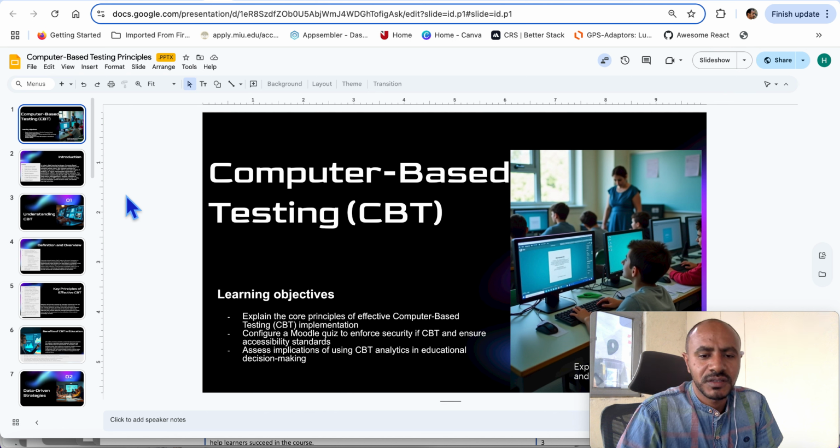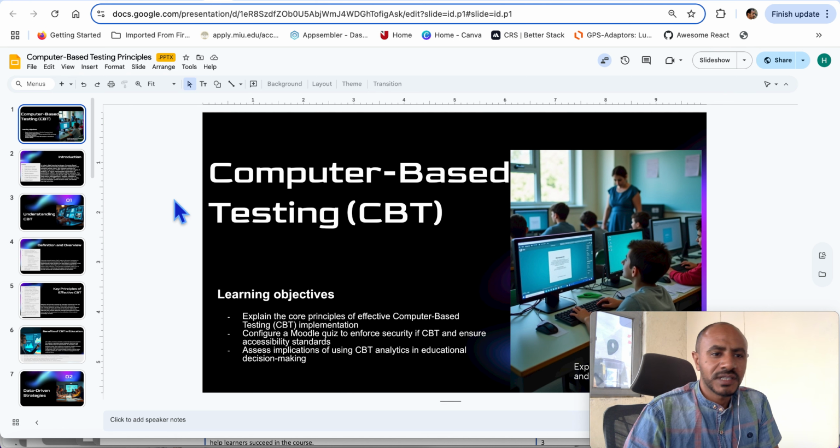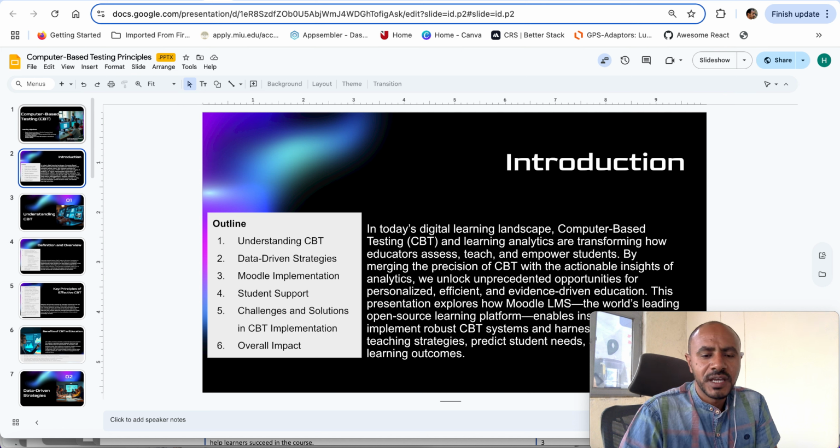The implications in terms of enhancing quality of education and all of that. So we would discuss and assess implications of introducing computer-based testing into Ethiopian higher academic institutions. Again, we will cover these 6 sections throughout this session.